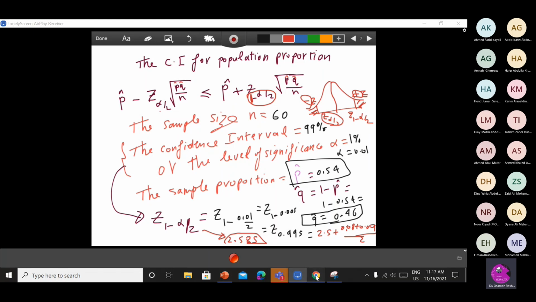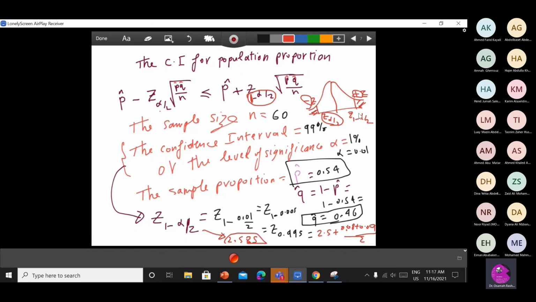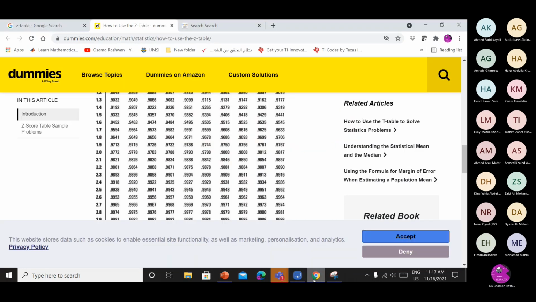When I go to the table, once you have a probability more than half, you are on the right side, the positive Z. This is why I would like to have 1 minus alpha over 2, to go for positive Z. I'm looking for 0.995 in the table. I didn't find 0.995. So what is the closest one? It is 0.9951, but this is bigger, and one less is 0.9949.